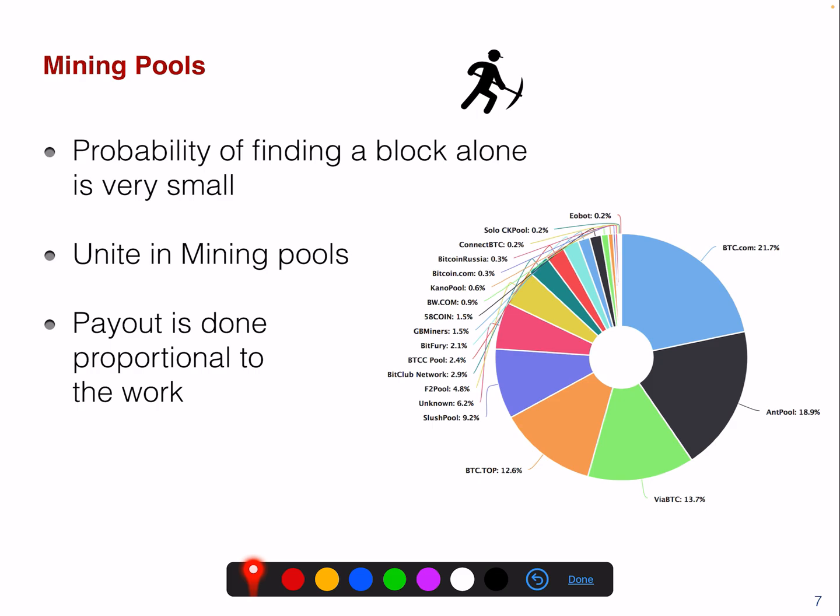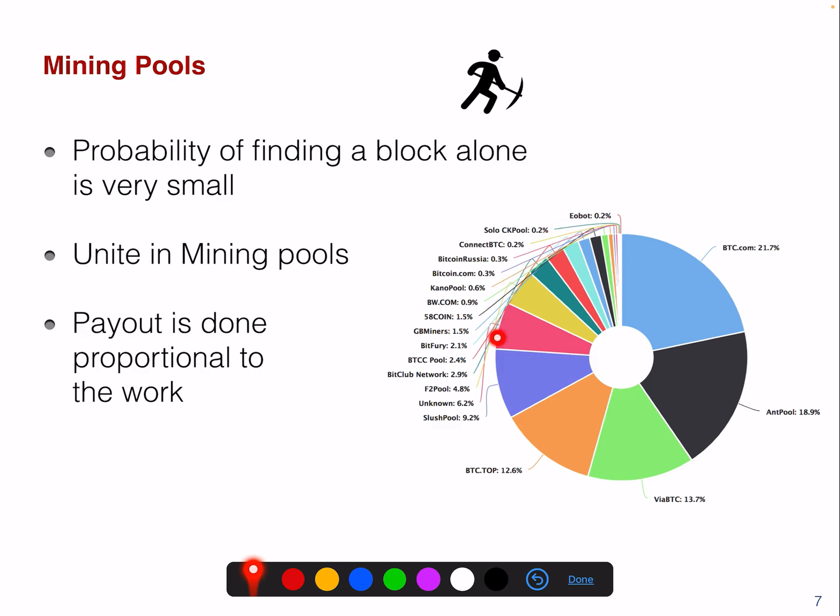Variance meaning you might have to wait 6 months to get one payment. And this is not very sustainable, right? You need to have some kind of a more proportional, a more regular payout, just like your salary, for instance. And you still want your payout to be proportional to your work. And this is where mining pools come into play. And they're quite interesting constructs.